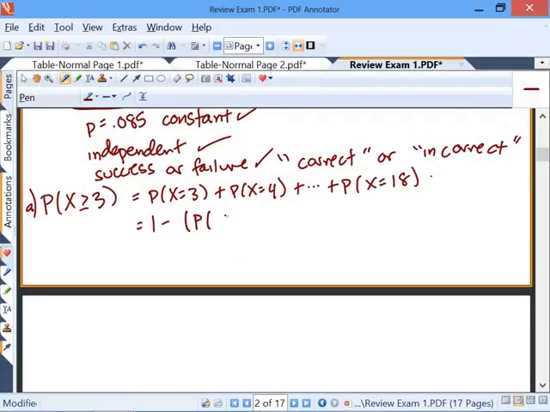So which probabilities do I need? I need 1, 2, and 0. For the binomial distribution, 0 is possible because it's possible that they could put 0 incorrect chips.